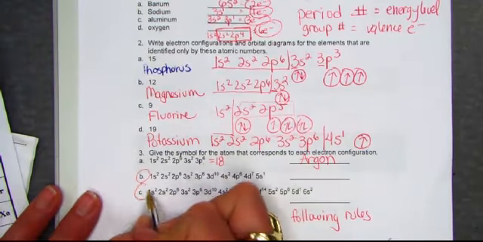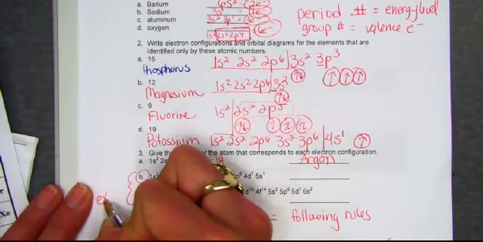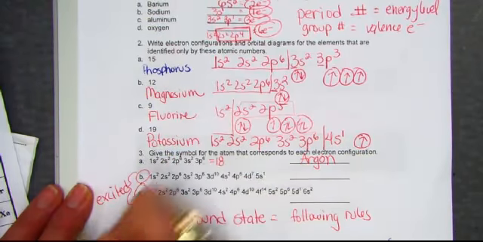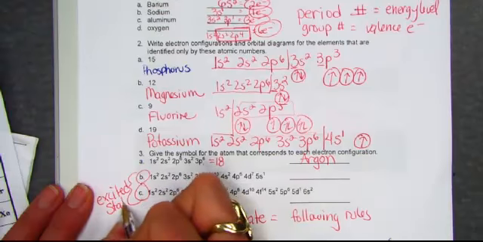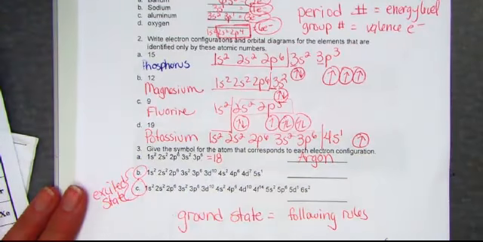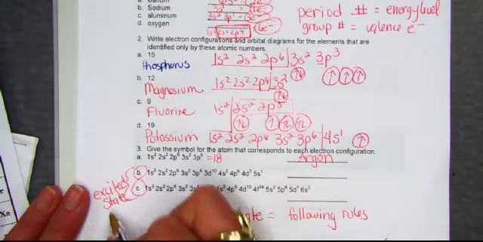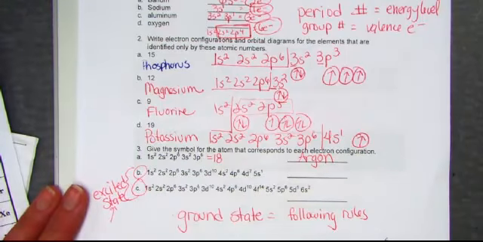Now I'm noticing B and C are excited. In other words, they've promoted some of their electrons to energy levels they would not normally reside in. The excited state happens when electrons absorb energy, either from electricity or by heating them in a flame.